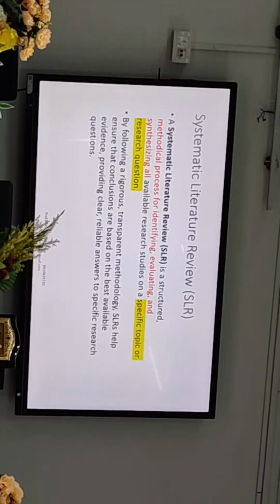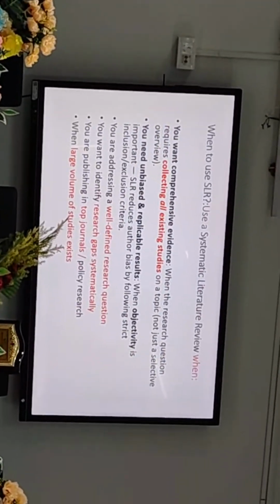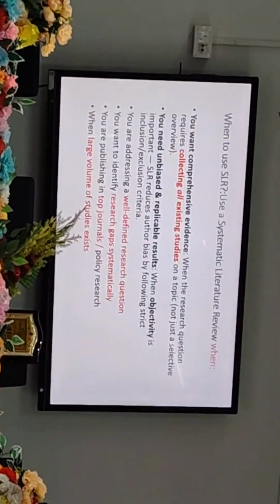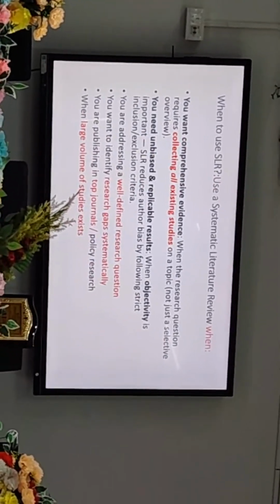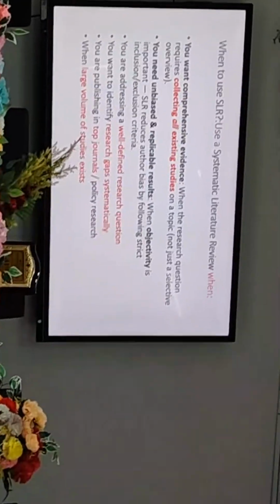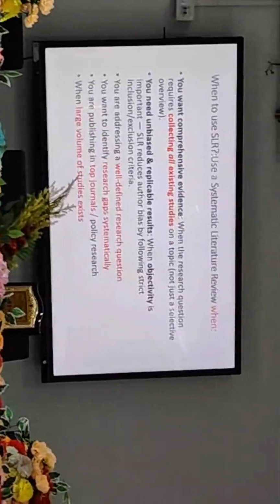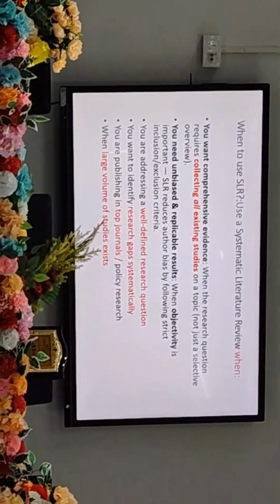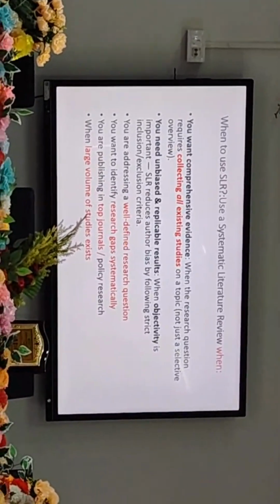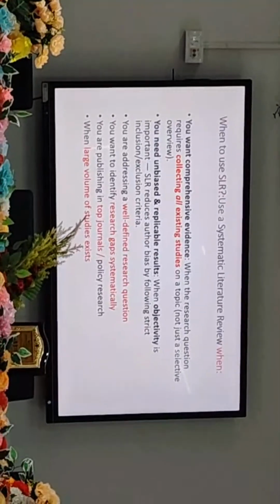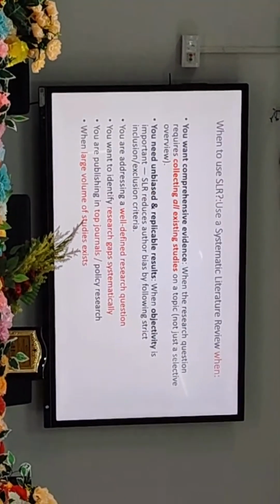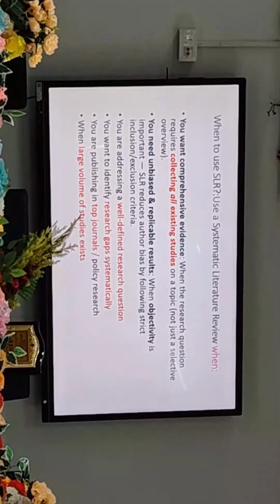This is called a systematic literature review. So here, a systematic literature review will address a well-defined research question. You have to identify a research gap systematically by reading or collecting top-class journals. Might be published, might not be published.